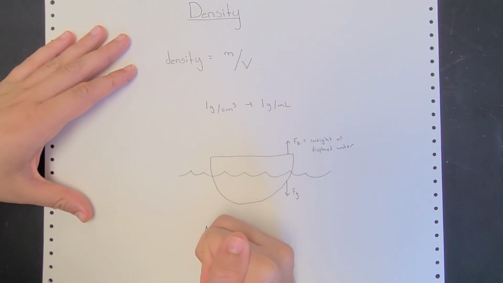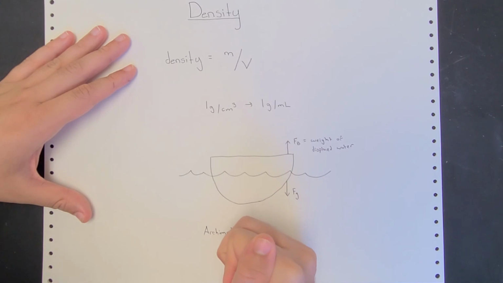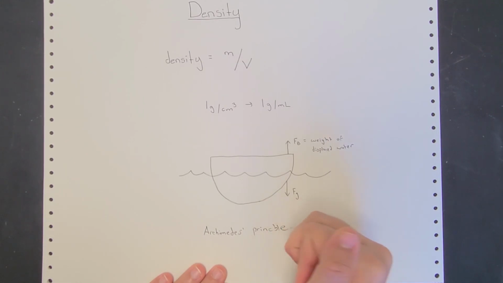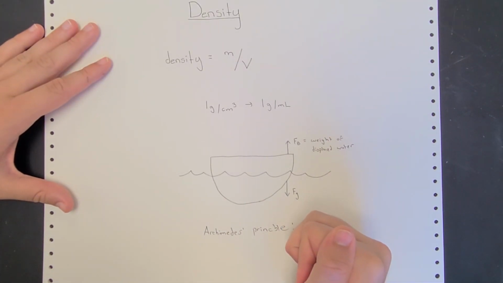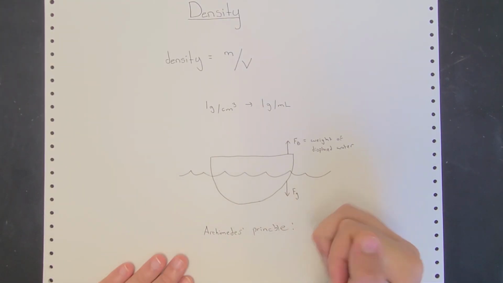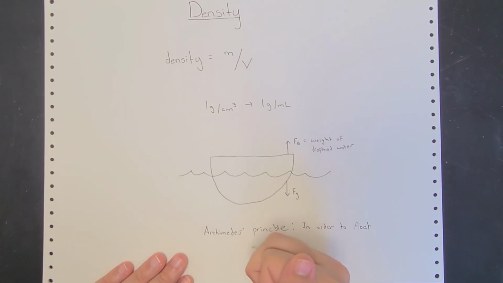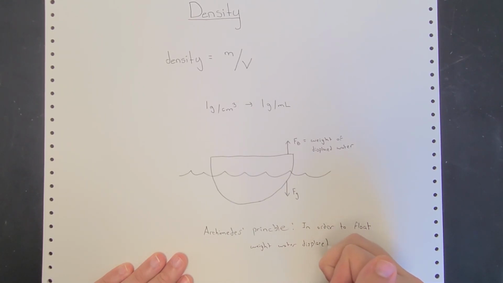Okay, so Archimedes' principle states that in order to float, the weight of water displaced has to be equal to its own weight.